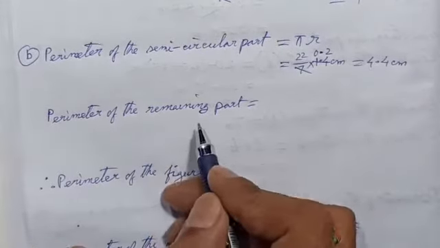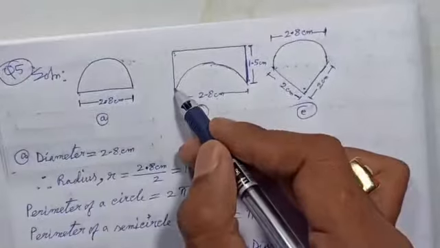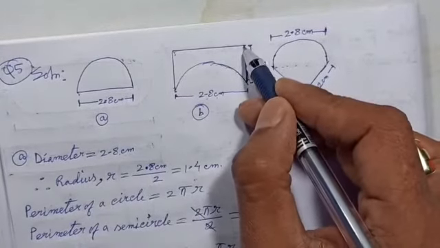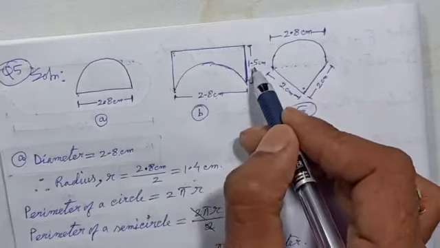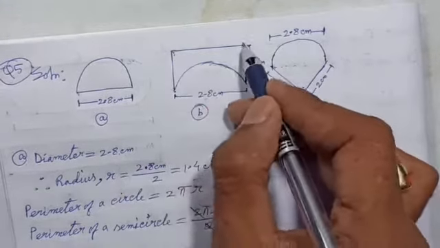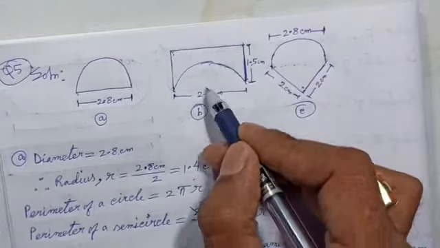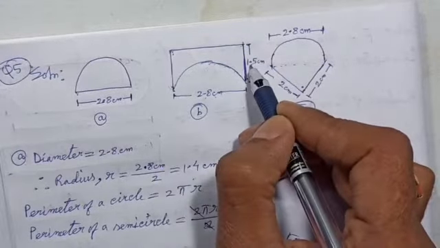Next is the perimeter of the remaining part. The remaining part means this portion. From here up to this, then this and that. So the perimeter of this remaining part will be 1.5 plus, from here up to that, this length 2.8 centimeter, and from here up to that is again this length 1.5 centimeter.